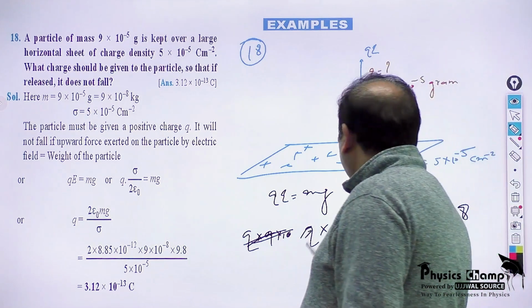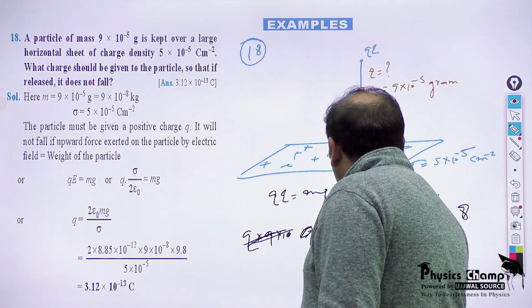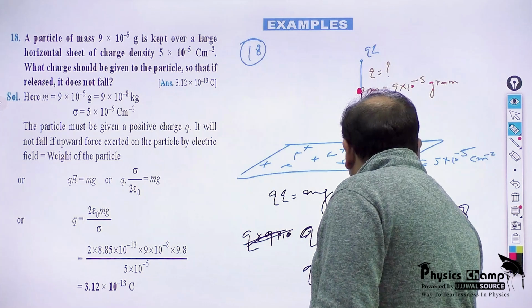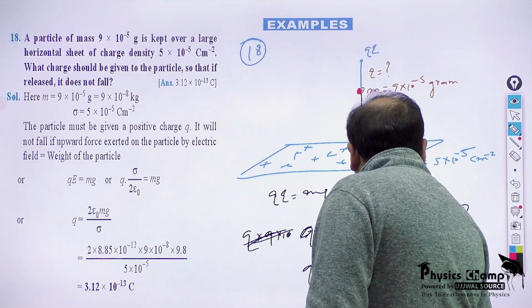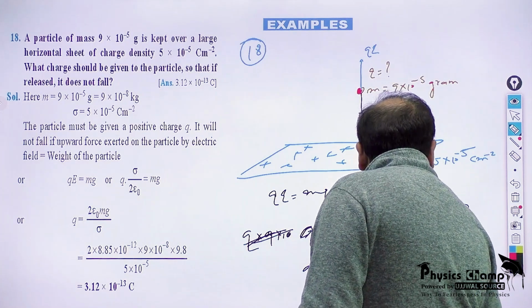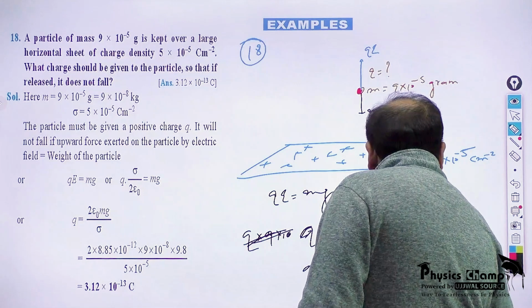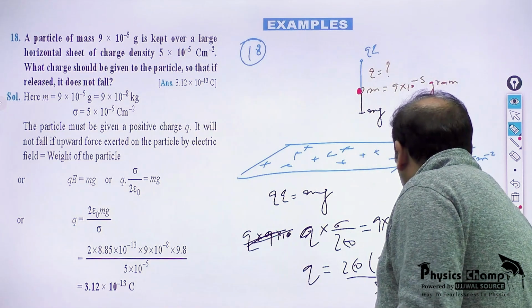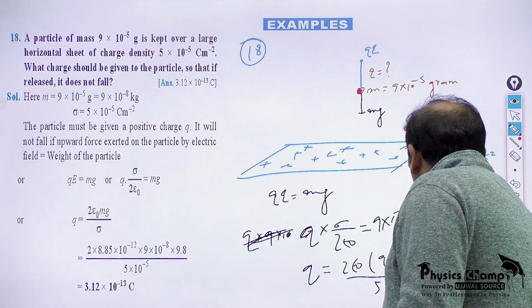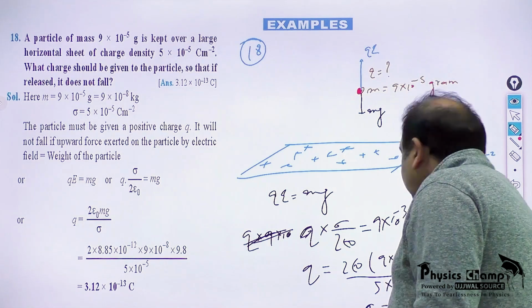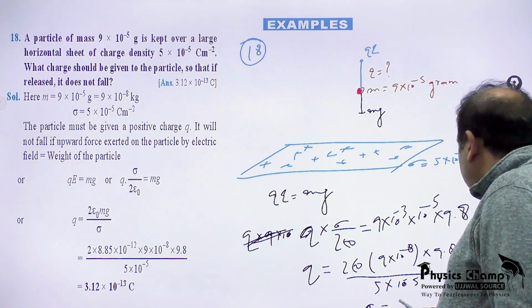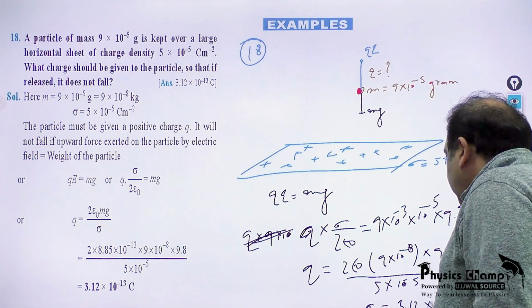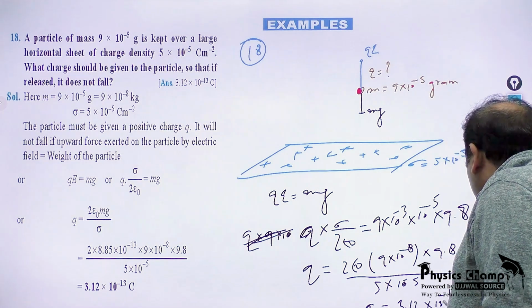So the value of charge will be 2 epsilon naught into 9 into 10 to the power minus 8 into 9.8 divided by the charge density, and the charge density is 5 into 10 to the power minus 5. So as a result, we will be getting the charge on it, which is 3.12 into 10 to the power minus 13 coulomb.